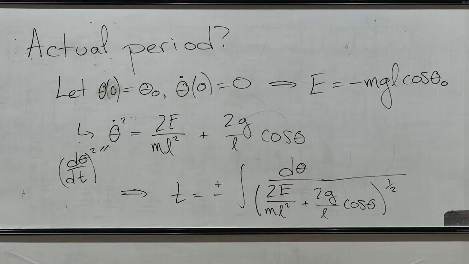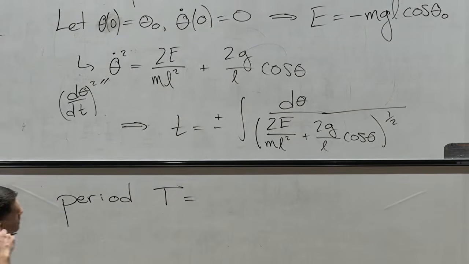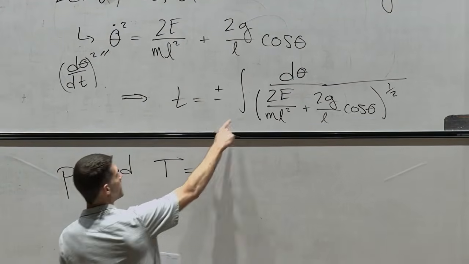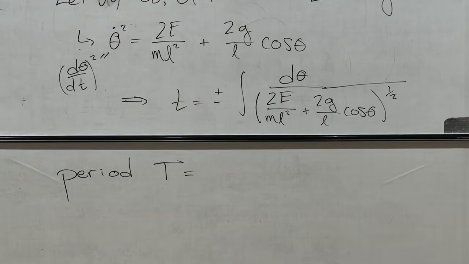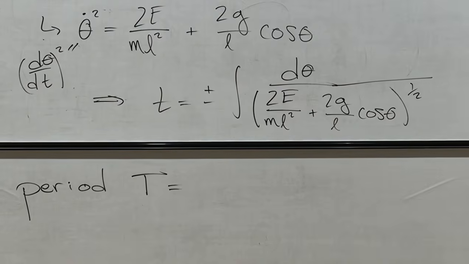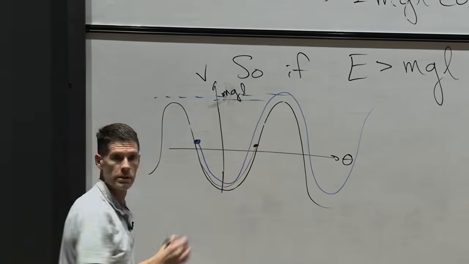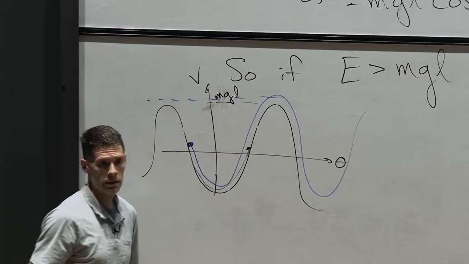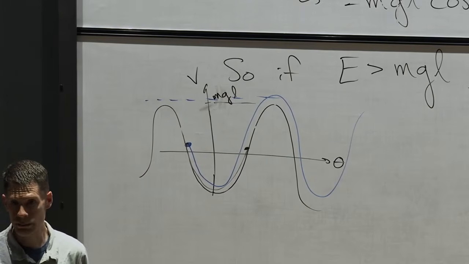If I'm just interested in computing the period, then I can integrate over a specific range of theta. Starting here, it's going to there, it's going to come back. Notice that the period has a symmetry there in the form of that energy potential.